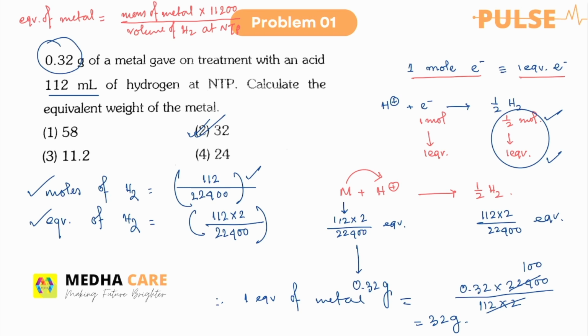Now see, this formula you may have seen on different websites, but how this formula came: this 2, if we multiply that by 2, will be 11,200, and below you have to put the volume of hydrogen gas. So by simply using this equation also you can solve this problem. Okay, I hope it is very clear to you.